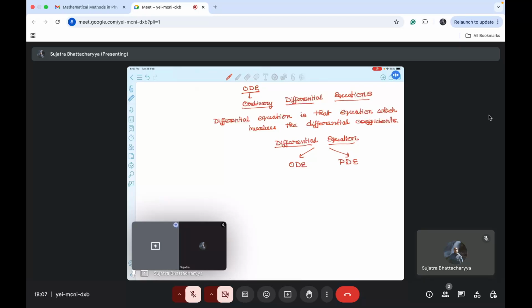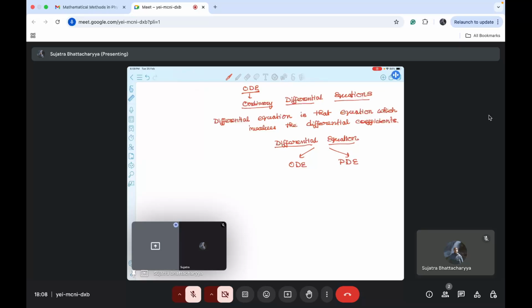People use the electromagnetic wave equation, and those are nothing but partial differential equations. The other kind, which we will be discussing most of the time, we generally see in the simple harmonic oscillator, and that is the ordinary differential equation. Both have their own importance. We will see the difference between the ODE and the PDE.